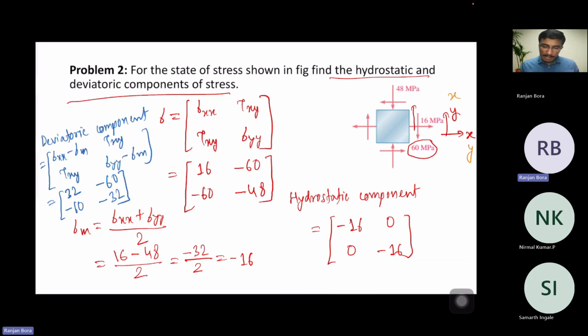The hydrostatic part, what does this represent? This represents sigma xx, then this represents tau xy, sigma yy. So we only have to find the components, not the values of the matrix. Okay, sir.